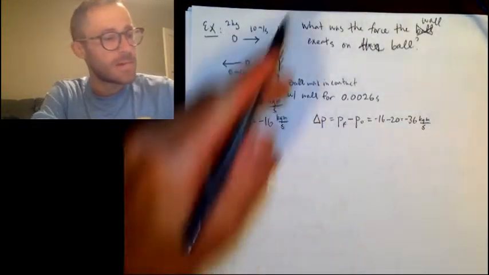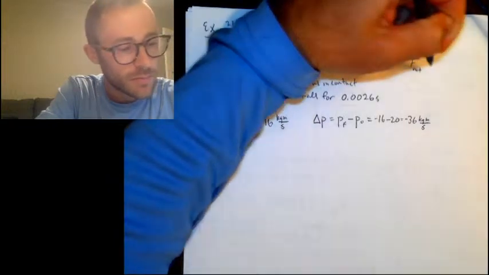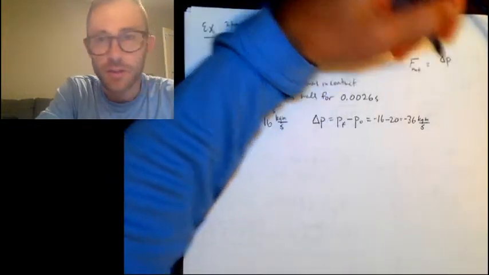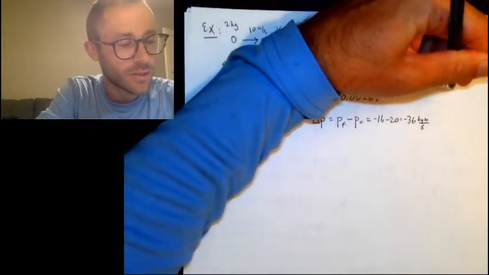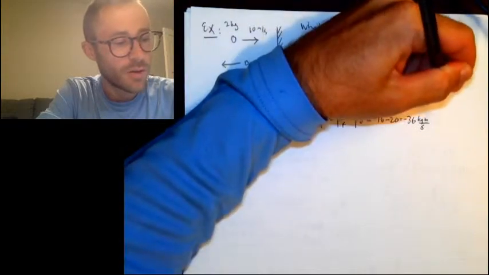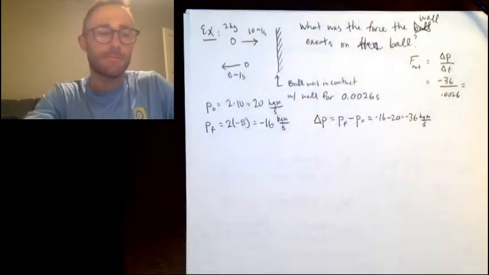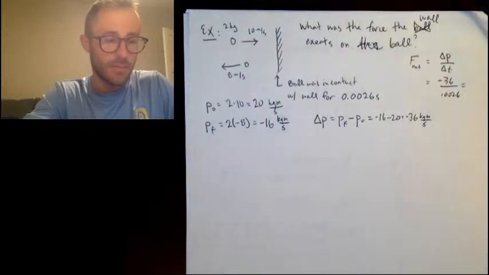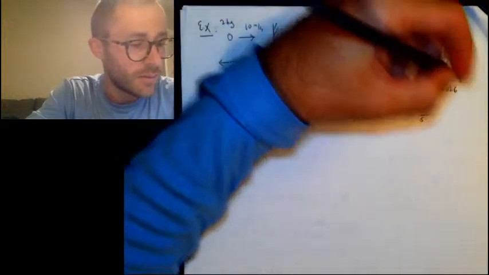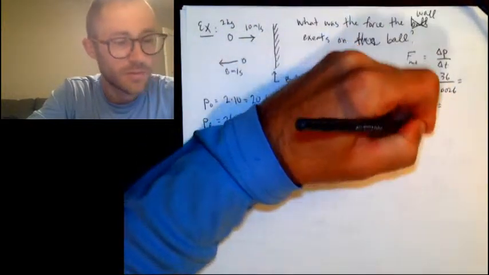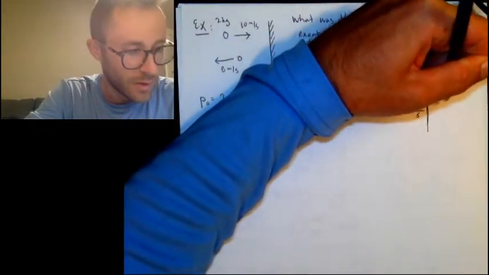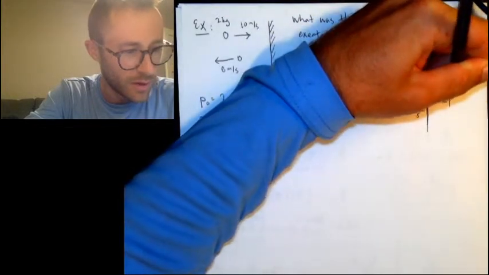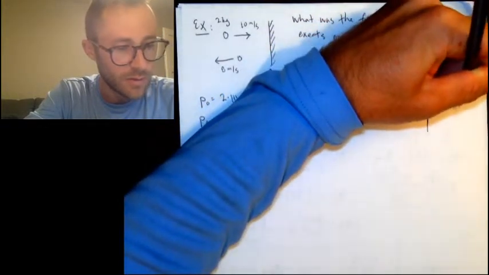All right. Net force is change in momentum divided by change in time. So that's going to be negative 36 divided by 0.0026, which is a net force of, this is kind of getting crowded, I'm rounding here, but the net force is about negative 13,800 newtons.